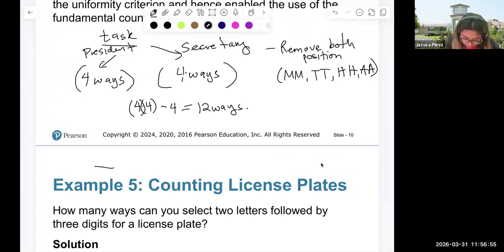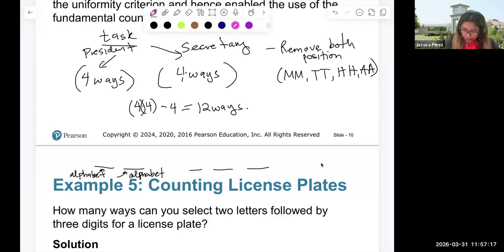So 2 letters, this is the alphabet, followed by 3 digits. The digits are 0, 1, 2, 3, 4, 5, 6, 7, 8, 9.